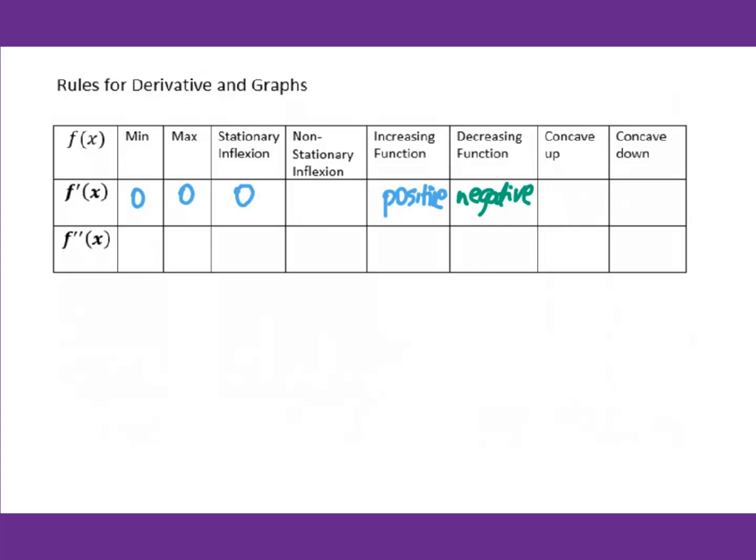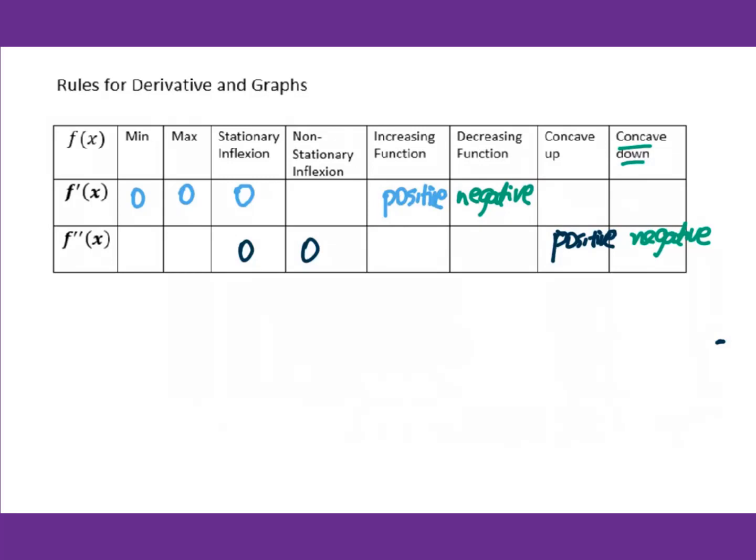For the second derivative, if it's an inflection point, then it will be equal to 0. Concave up when the second derivative is positive. When the second derivative is negative, the graph is concave down.